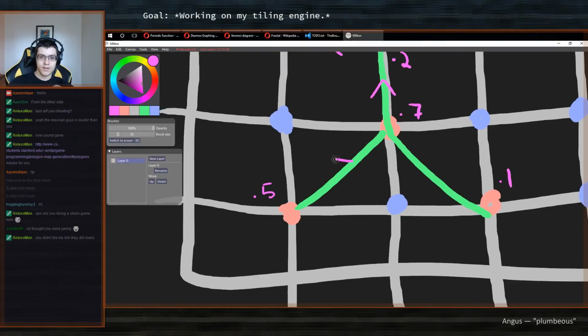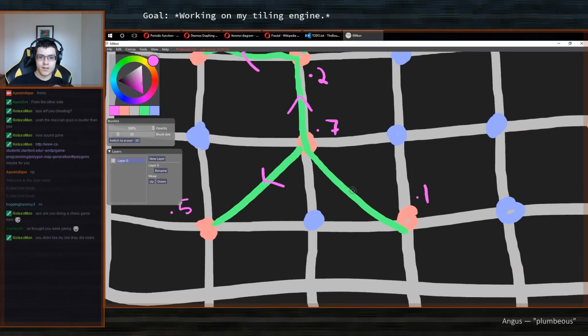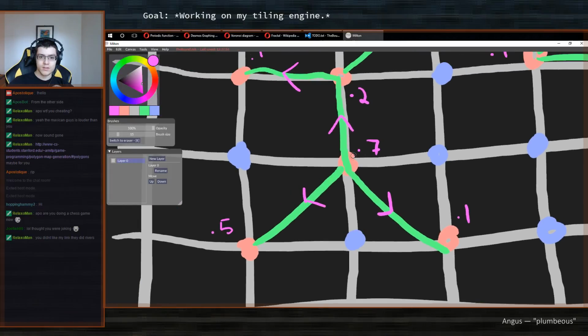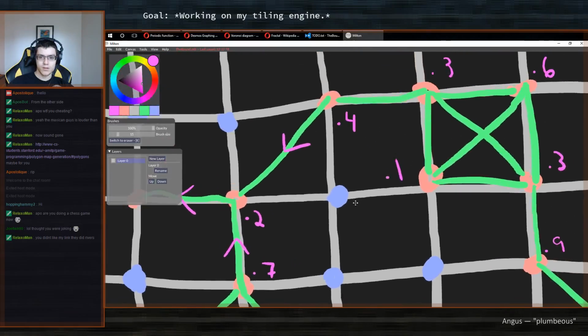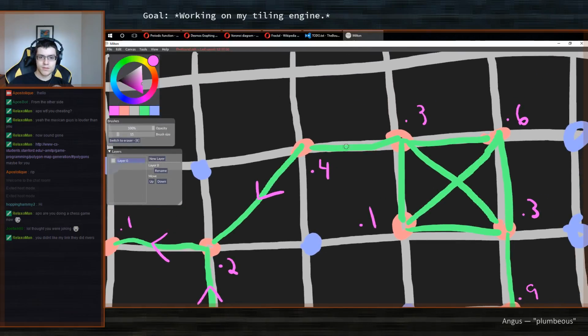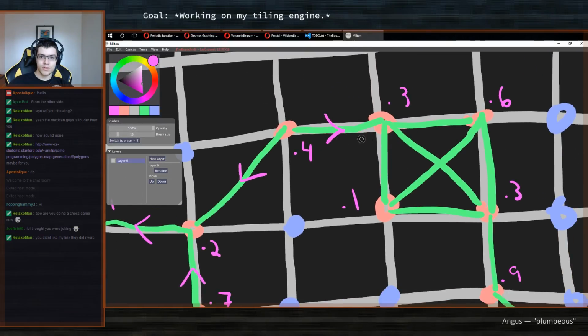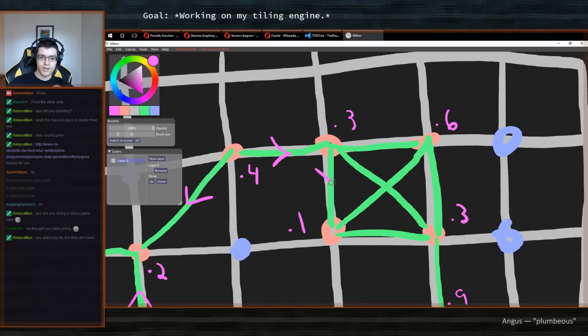And the 7 right here, 7 down into this. So this is considered a root node pretty much. From 4 down to 3, 3 down to 1, 1 towards 6 towards 1.